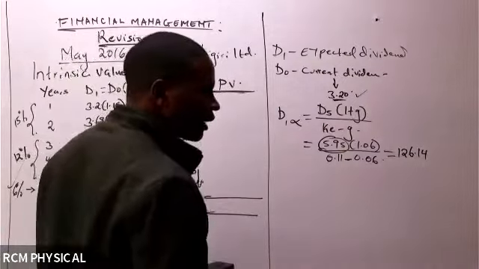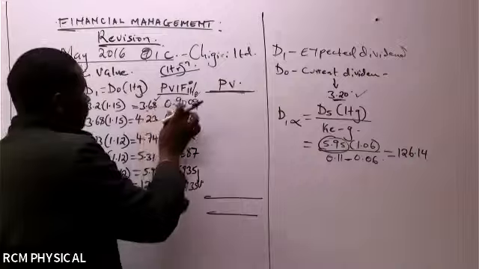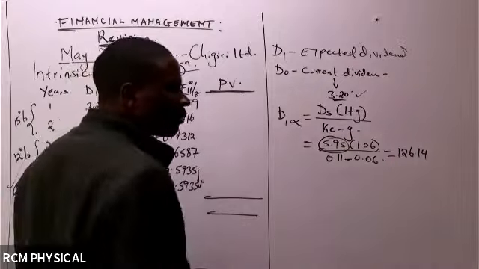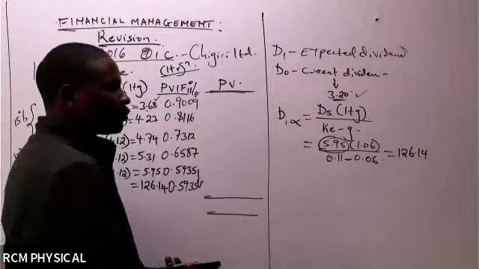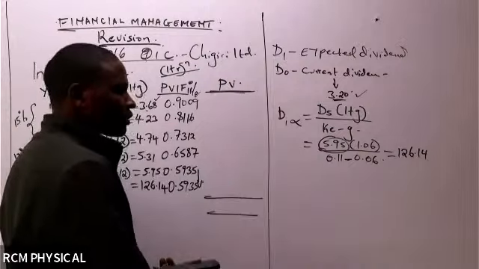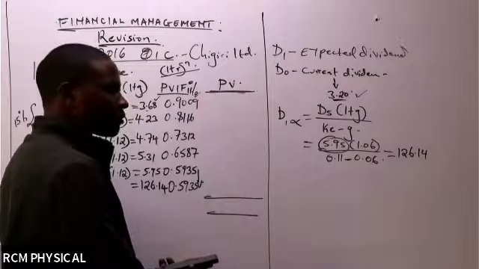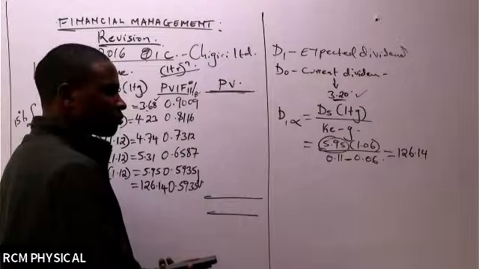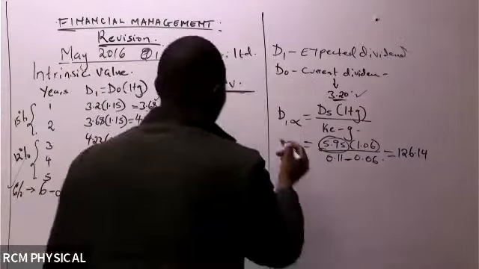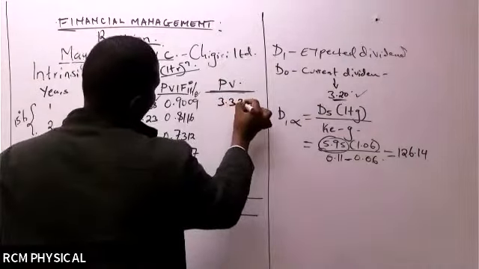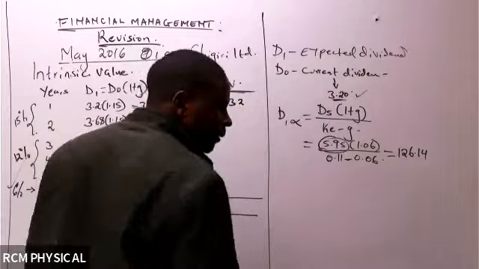To 2 decimal places, the first one is 3.32.